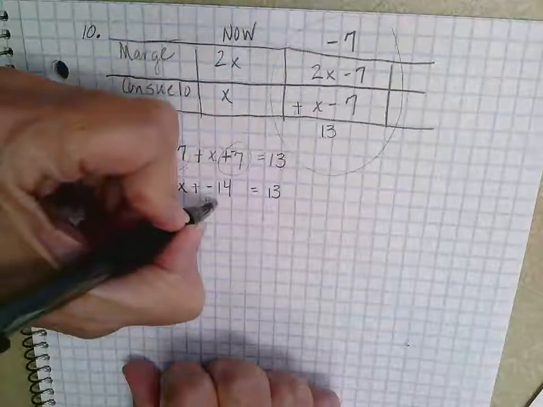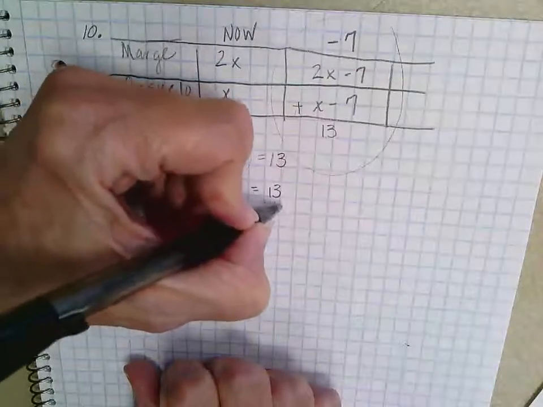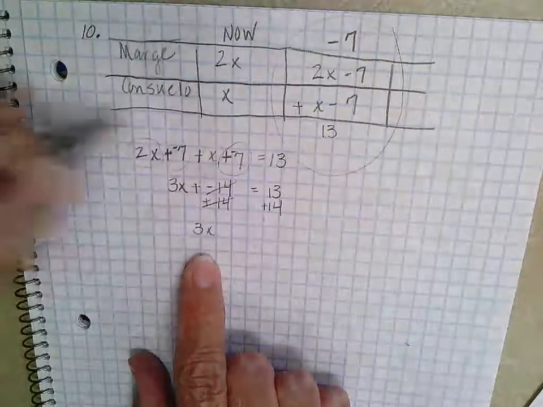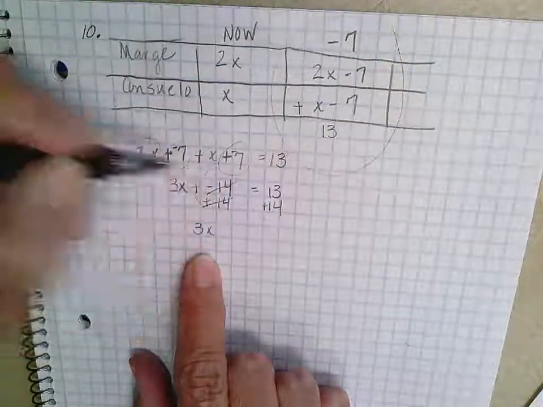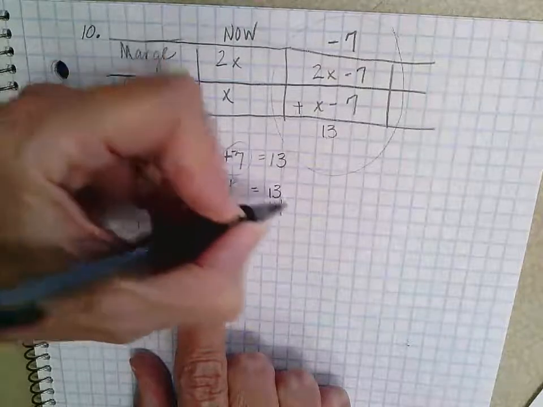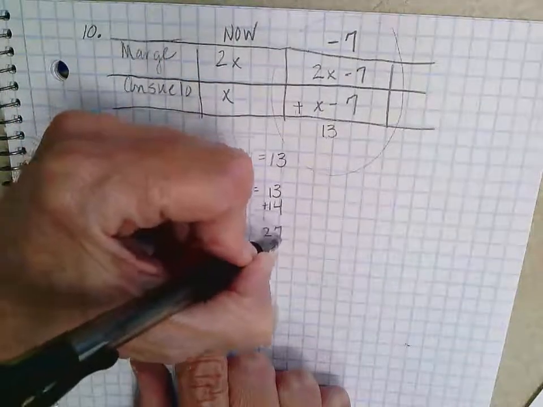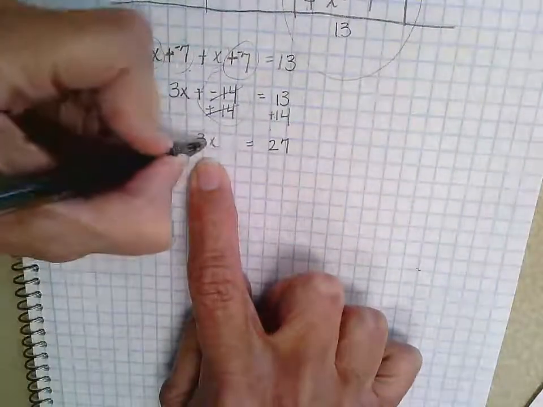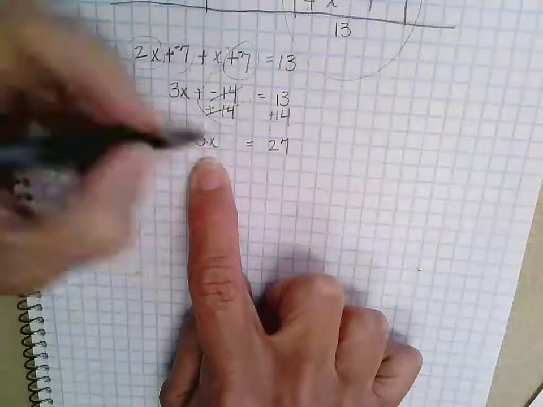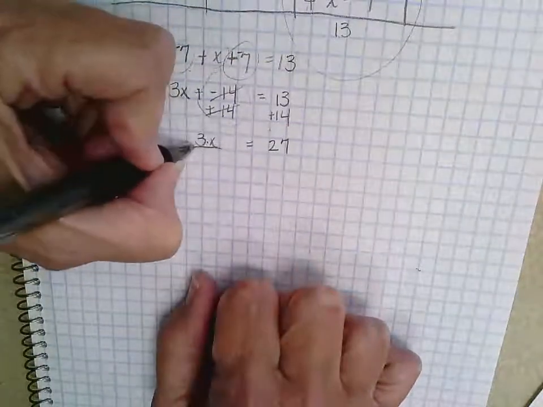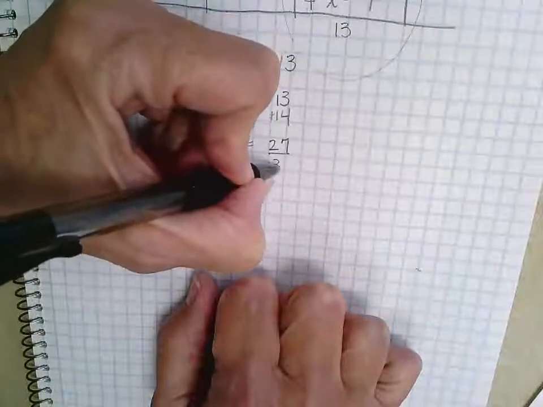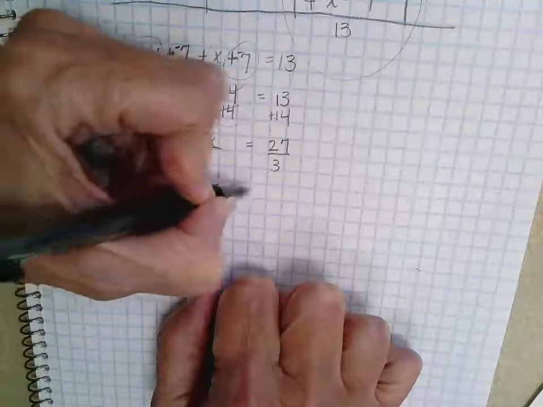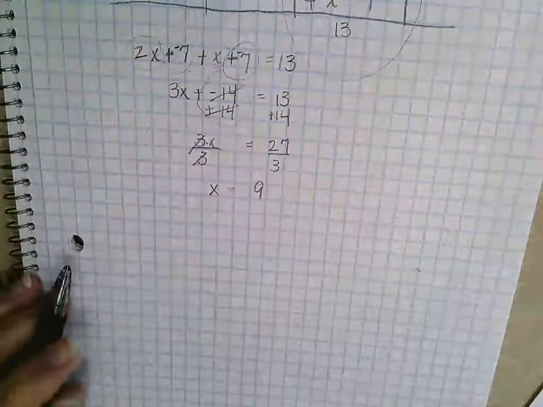To do that, I'm going to add 14 to each side, which will give me 3 x's on the left. These sum to 0. And on the right-hand side, we have 27. Because this is a multiplication problem, 3 times x, I'm going to use the inverse operation and divide both sides by 3. And I'm going to get that x is equal to 9.